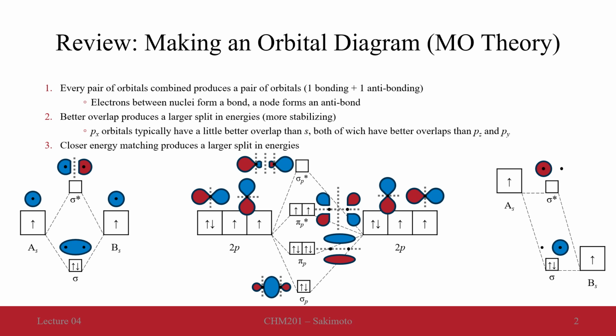In these cases, we still can have a net lowering of energy. This one electron can go down here to the sigma orbital, but not nearly as stabilizing, not nearly as net beneficial as if we have energy matched orbitals, and every orbital gets lower in energy.